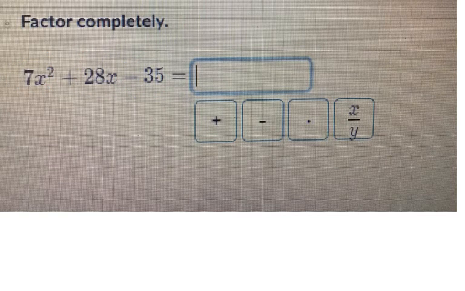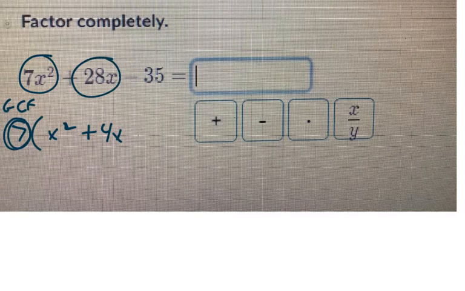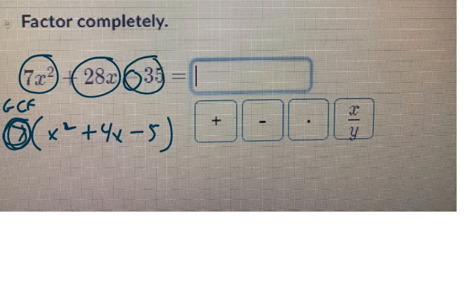So the first thing we got to do is do a 7 GCF, greatest common factor. X squared times 7 is 7x squared. 4x times 7 is 28x. Minus 5, notice the sign right there, guys. Minus 5 times 7 is minus 35.